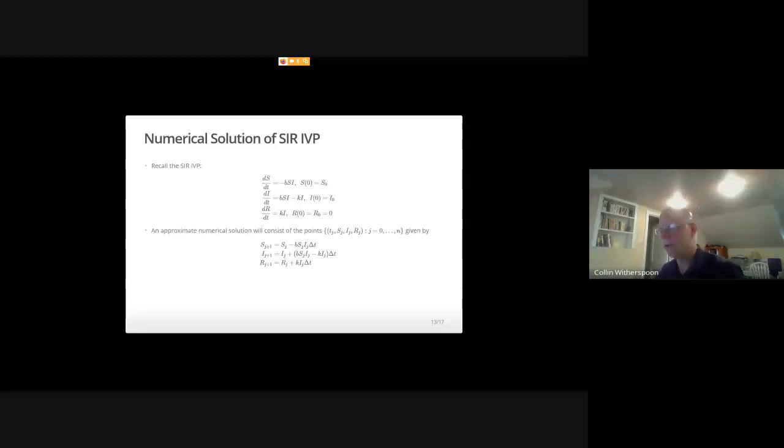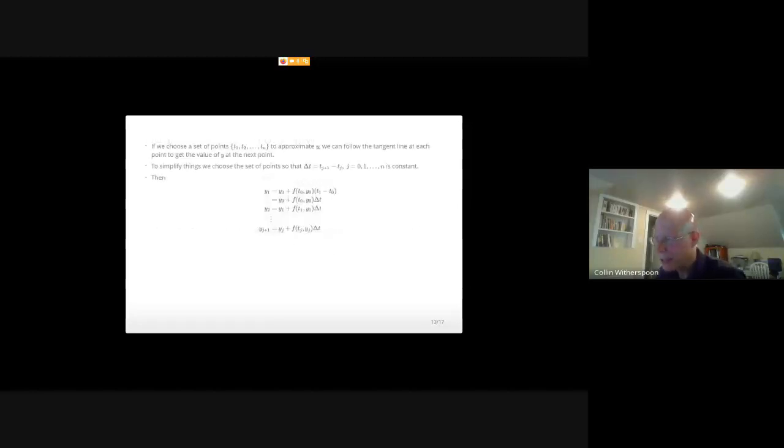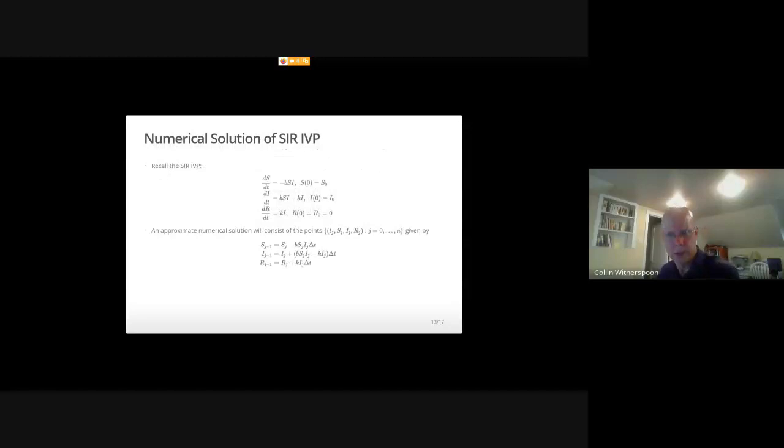R sub j plus 1 is R sub j plus the derivative times delta t. So it is just using that last equation to say how I'm going to get the numerical approximation for the system. So that is Euler's method.